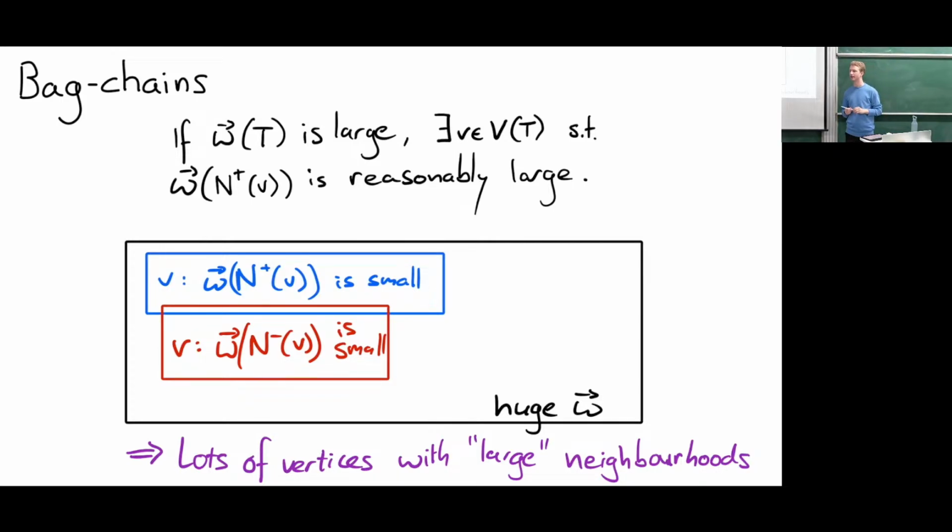And this is again very useful when we start making our bag chain, because we can delete a lot of stuff and still have large diclique number in our out neighborhood and in our in neighborhood. And if you have something large, then we are going to apply induction on diclique number to get nice substructures.